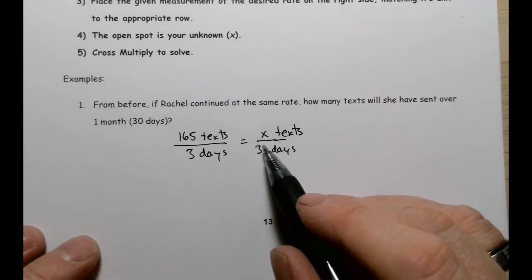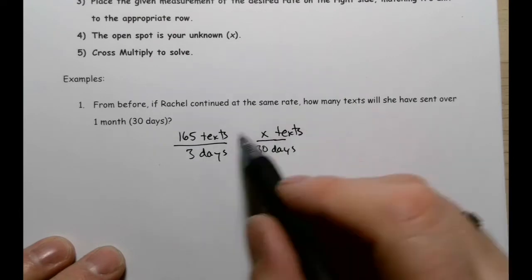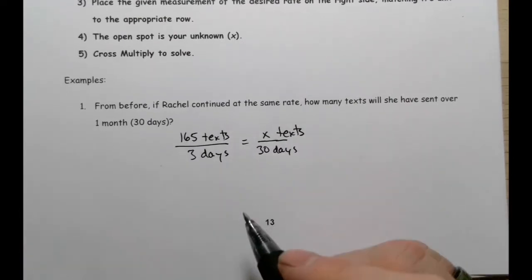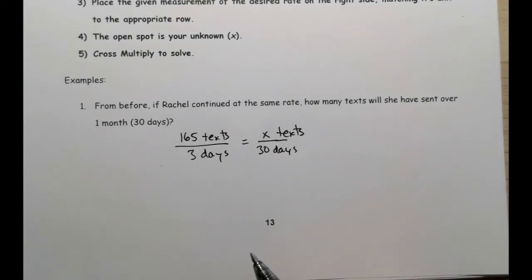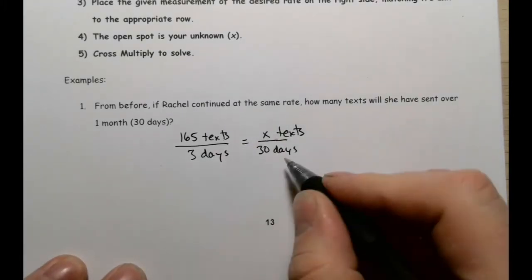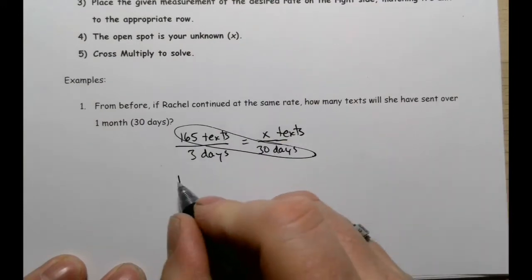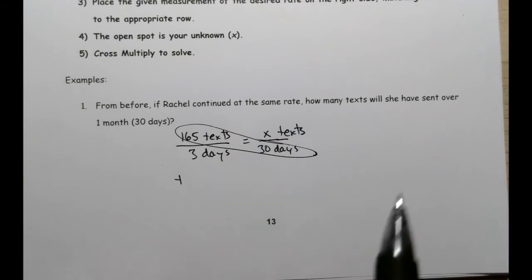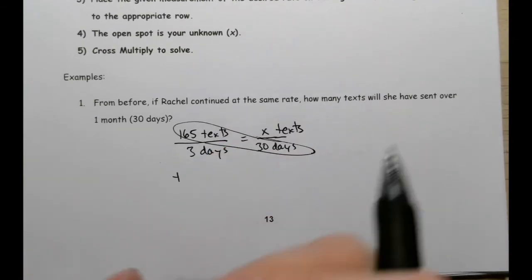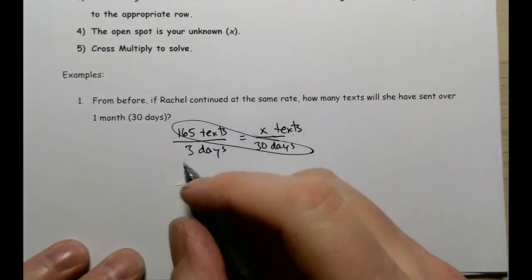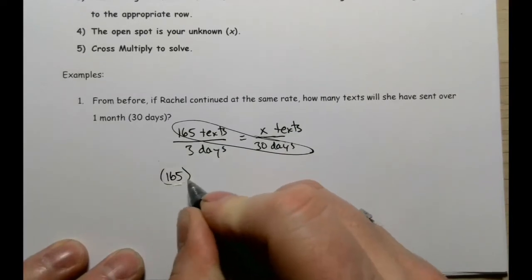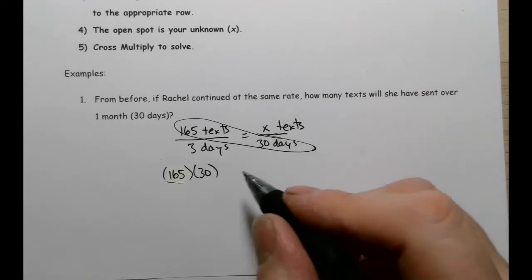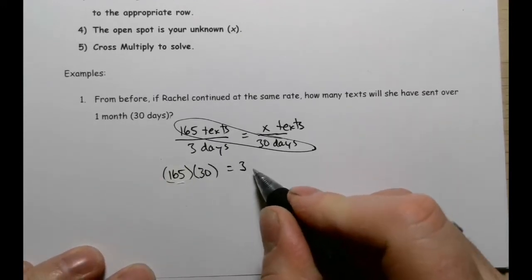We're going to get 165 times 30, and this is going to be texts times days. So it'll be 3 days times X texts. X is still going to refer to the number of texts here.